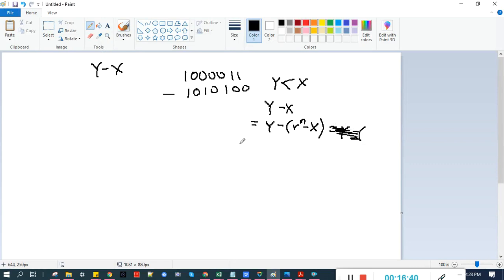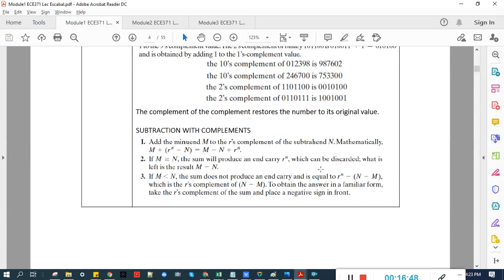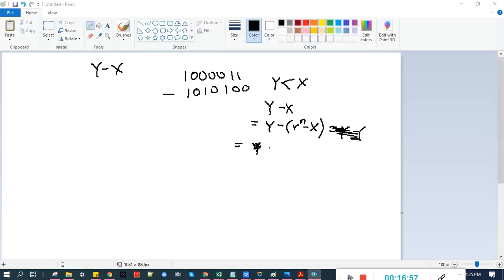He wrote it this way. If m is less than n, so if y is less than x, let's look at this. If we subtract x from y, we know that the result is negative.